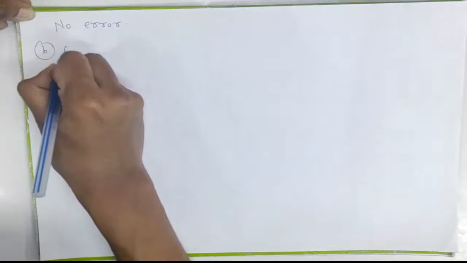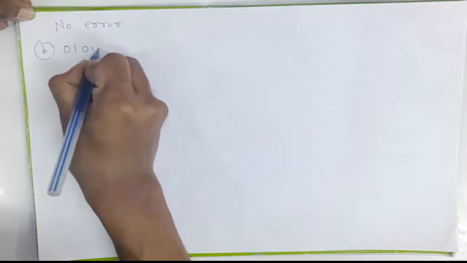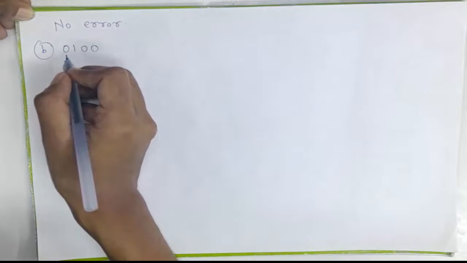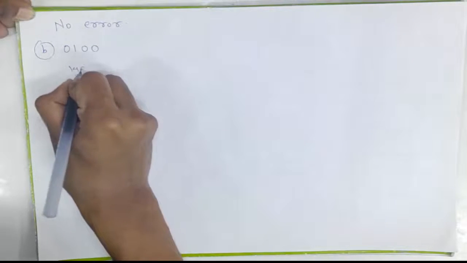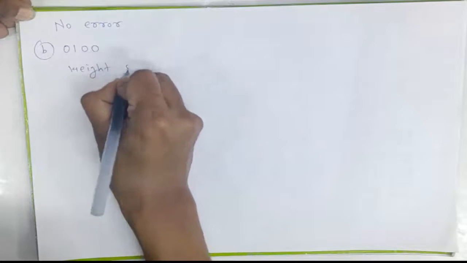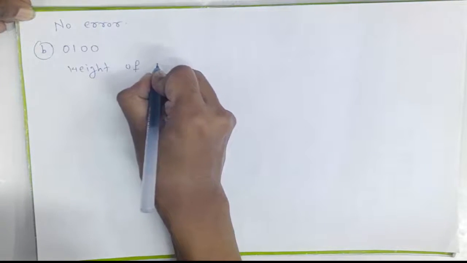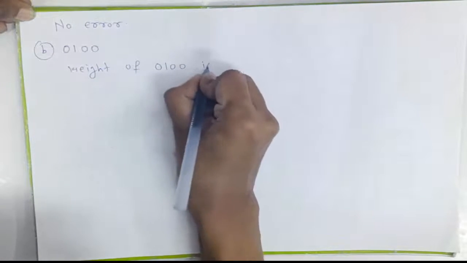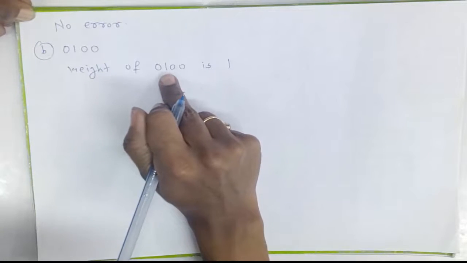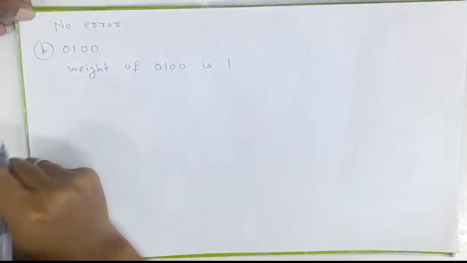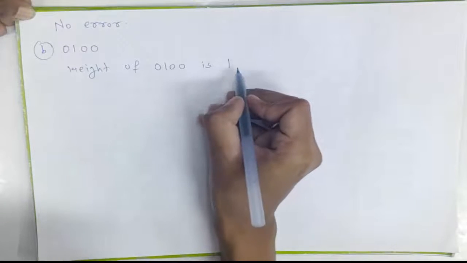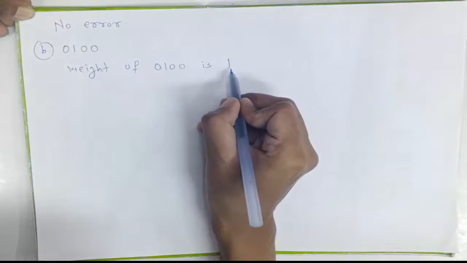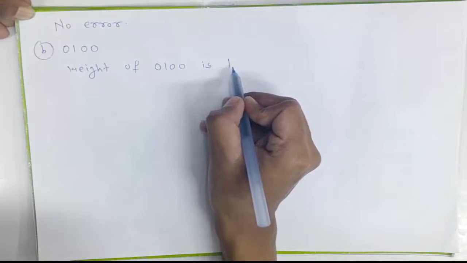Now we take next B. The word is 0100. So here again we find the weight of this word. The weight of 0100 is 1. So the number of ones is 1. So here the weight is 1, that is odd. So here there is an error.